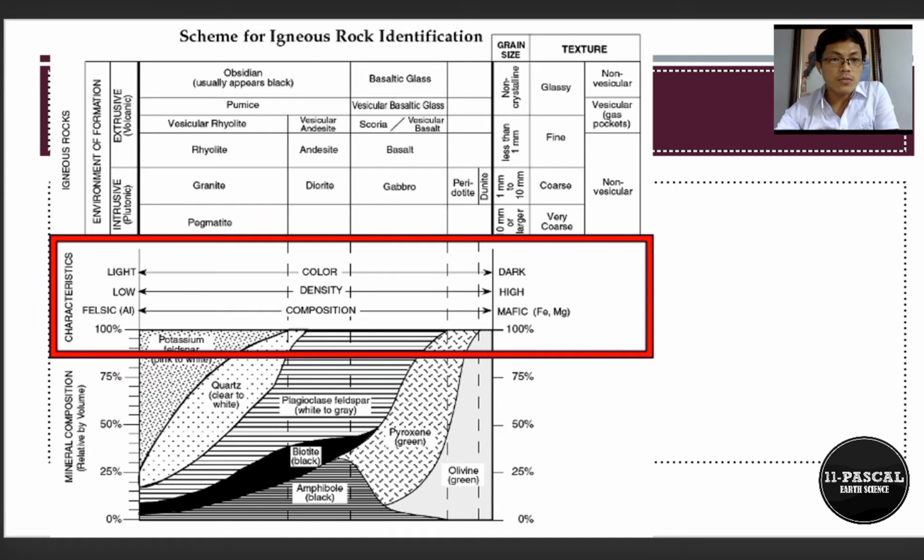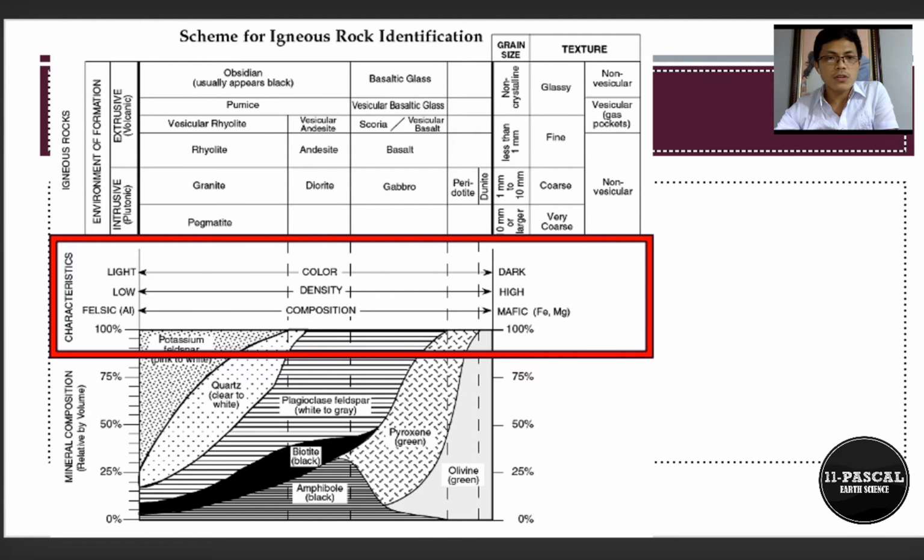Okay, so you can see here in your table for the scheme of igneous rock identification. So it goes lighter and low in density, lighter in color, and we are going to look at the composition. Okay, this one here below.